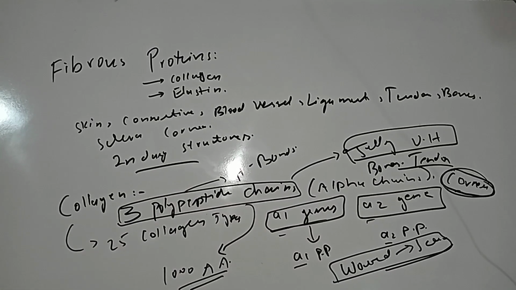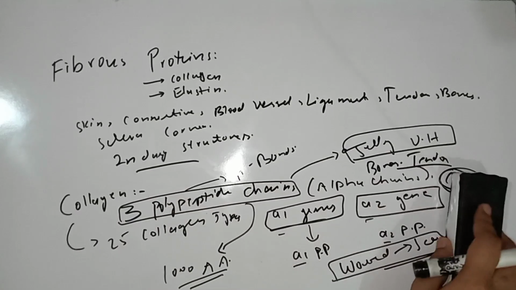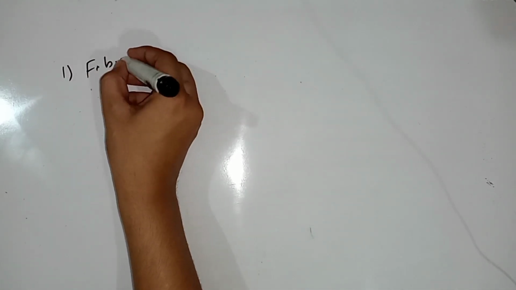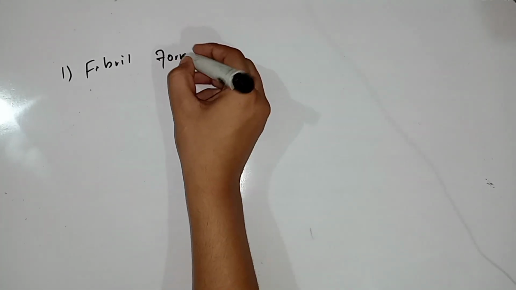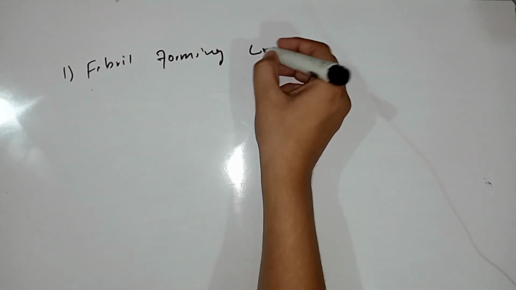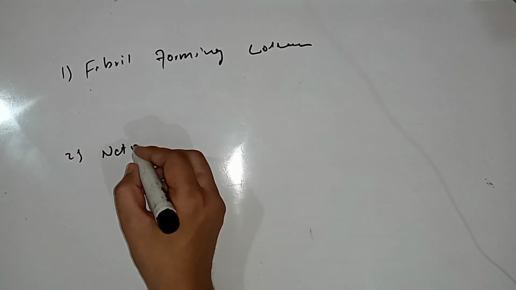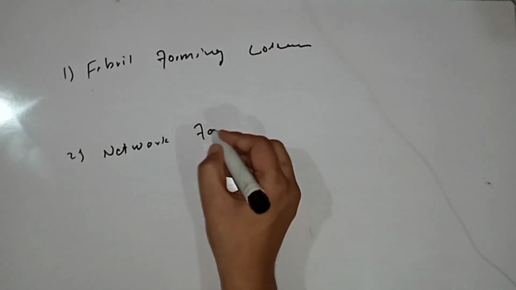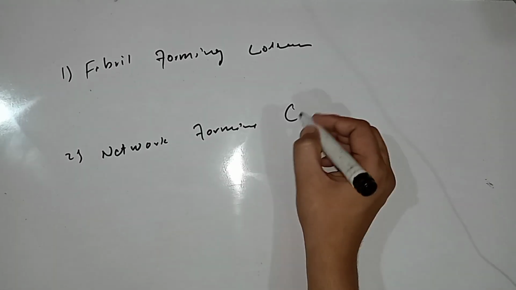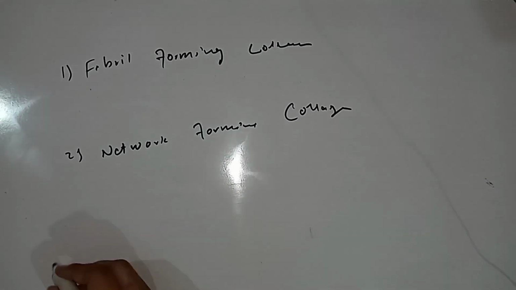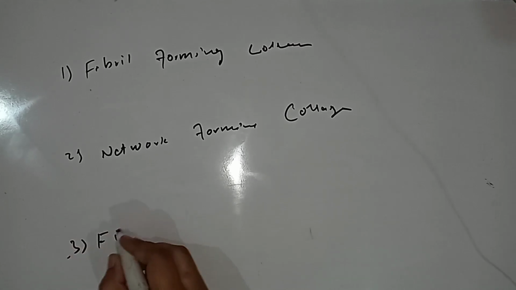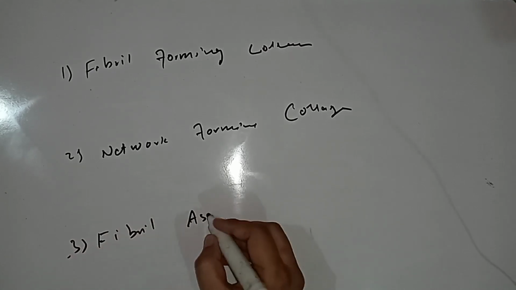Next we move on towards the types of collagen. Broadly, collagen is classified into three principal groups. One is fibril forming collagen, the second group is network forming collagen, and the third one is fibril associated collagen.